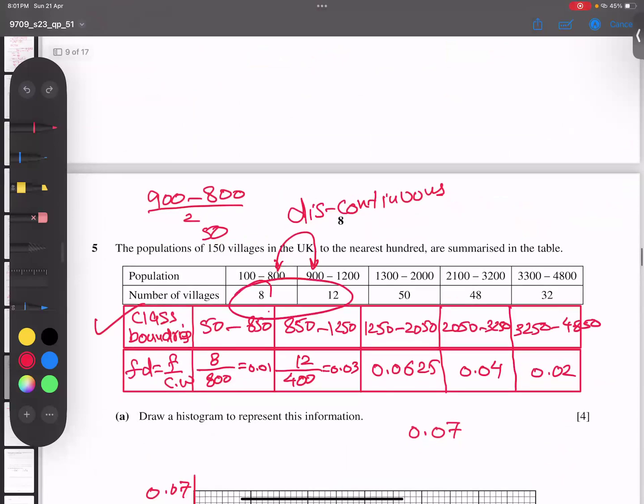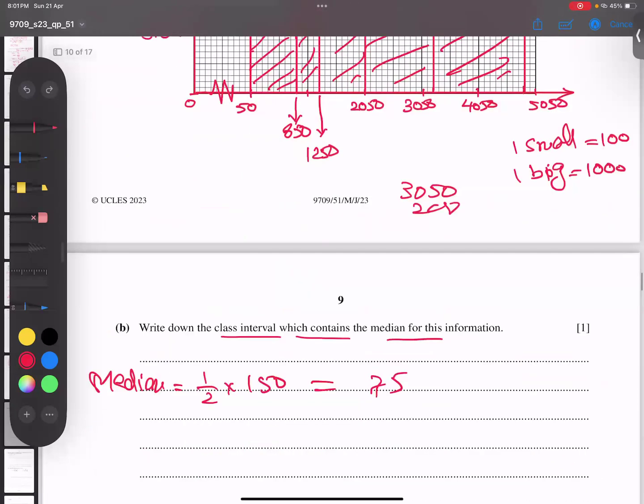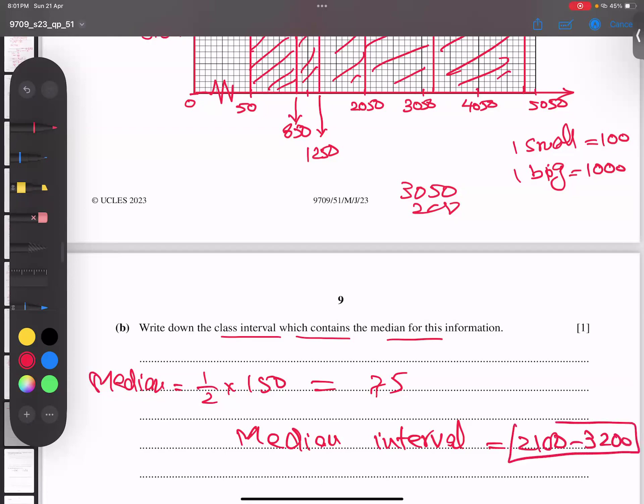So 8 plus 12 is 20, 20 plus 50 is 70, and 70 is covered here. 75 is in this section. So this 2100 to 3000 is my section. So the median interval is 2100 to 3000.